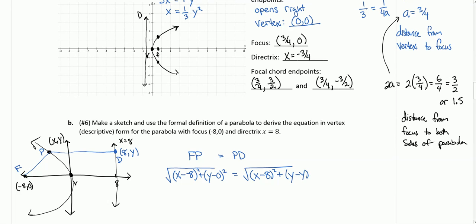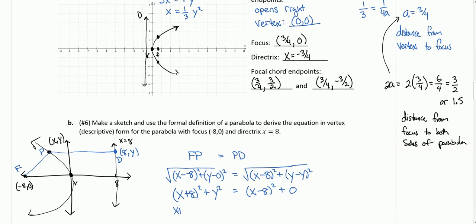y minus y squared. So you're just plugging into the distance formula, square both sides, and you get x plus 8 squared plus y squared is equal to x minus 8 squared plus 0.